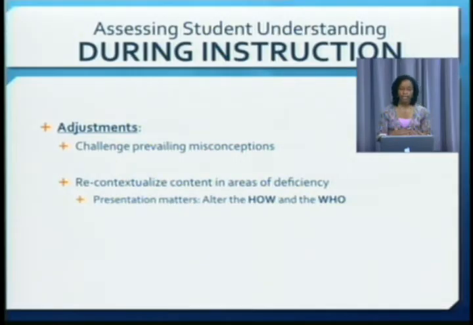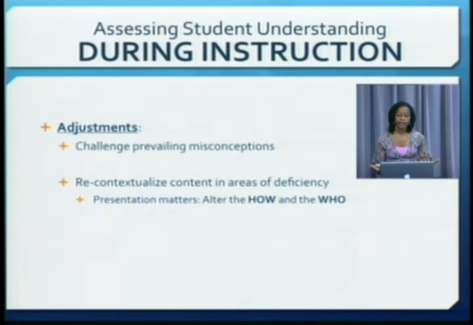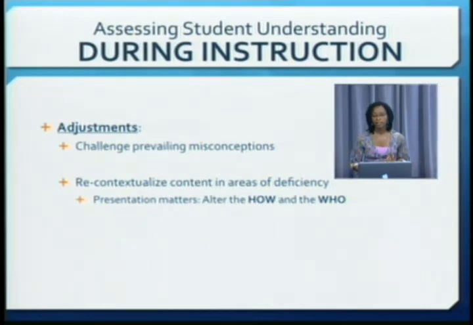So, like I said, challenging the prevailing misconceptions is important after the instruction, or as you're going through the instruction, and then also having the information be presented by their peer or by someone else, because after a while they may stop listening to you.